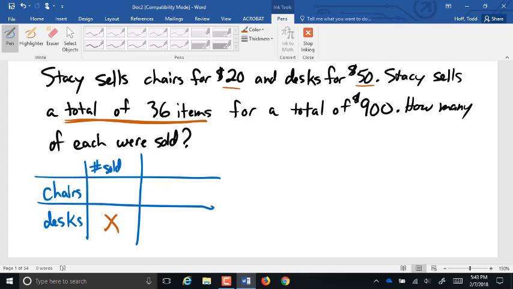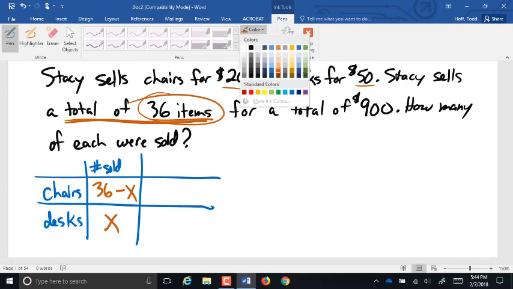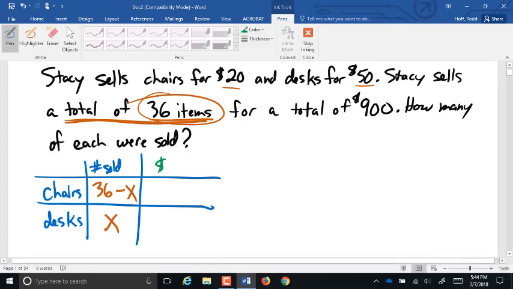If X is the number of desks sold, and there's a total of 36 items, how many chairs had to be sold? Well, there's a total of 36. If I subtract the number of desks, what's left is the chairs, right? So 36 minus X is the number of chairs sold. My dollar amount, once again, is the price times the number sold.